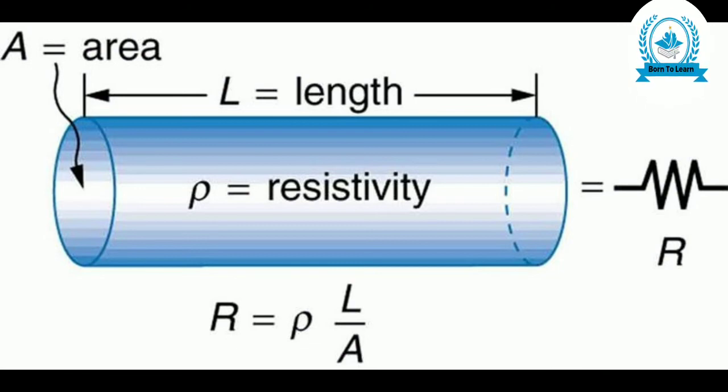The resistivity of conductors like metals is very low. The resistivity of most of the metals increases with temperature. On the other hand, the resistivity of insulators like ebonite, glass and diamond is very high and does not change with temperature.